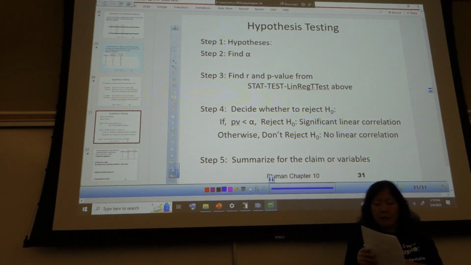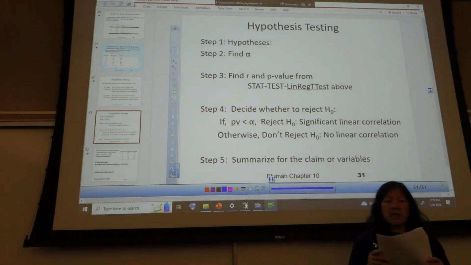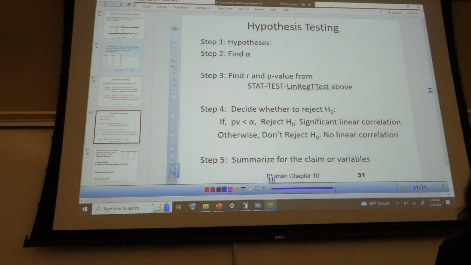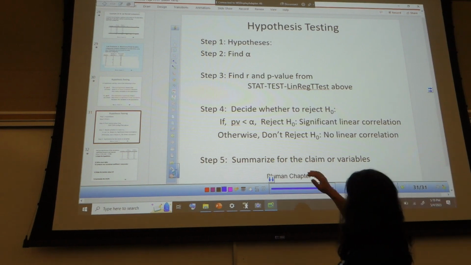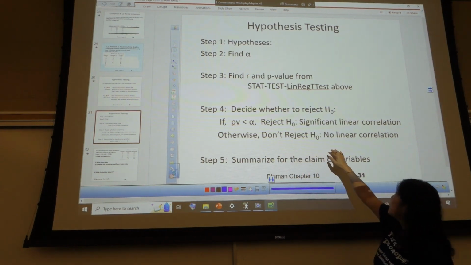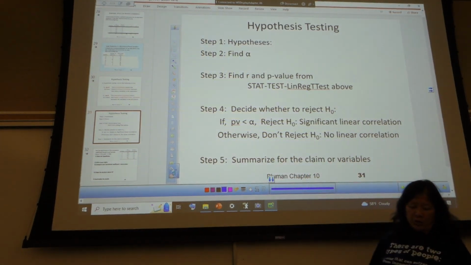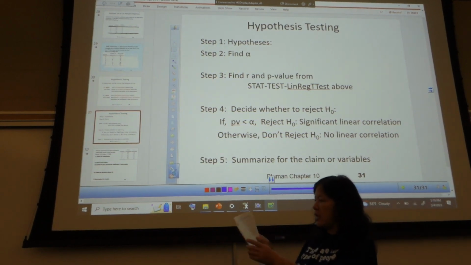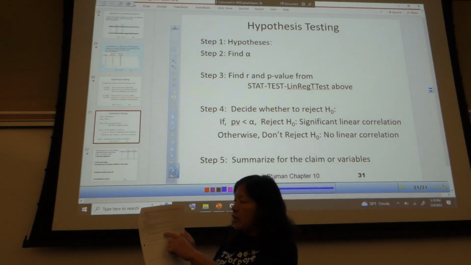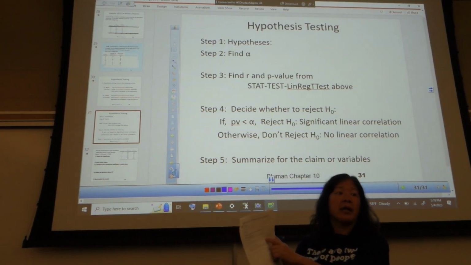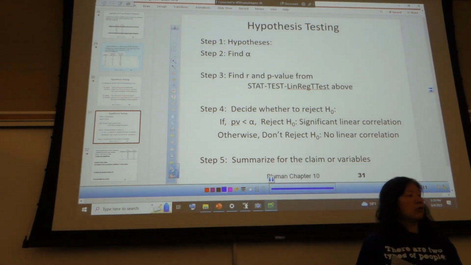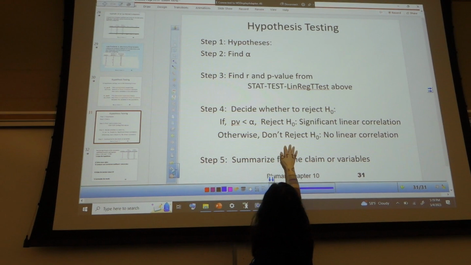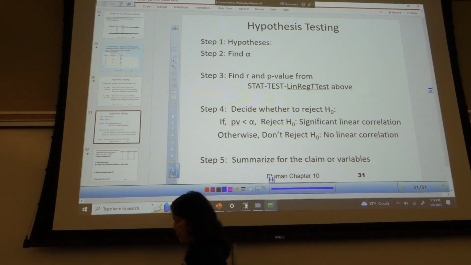That's what you write to fill in this blank. There is a linear correlation. If we do not reject H naught, then it is not a line. There is no linear correlation. So if you look at this part here, it says, if we do not reject H naught, blank a line. It's not a line. The nots should go together. If we do not reject H naught, it is not a line.